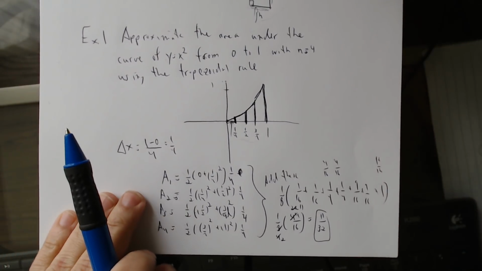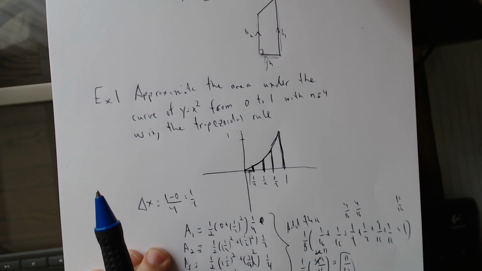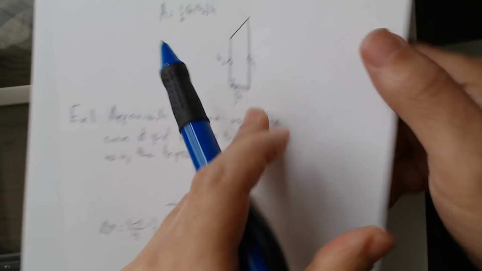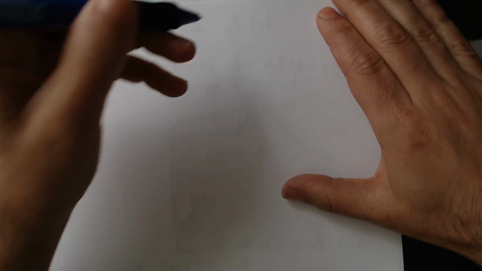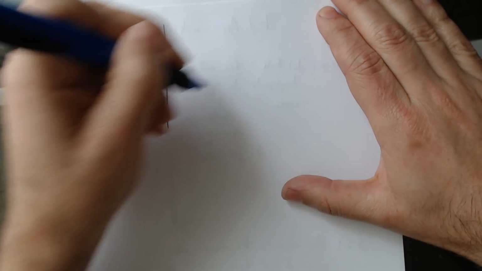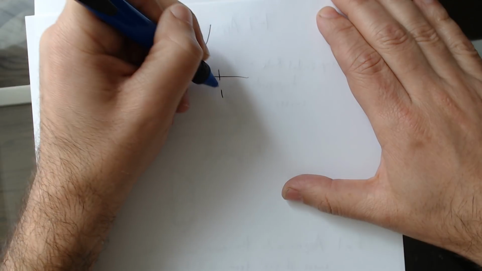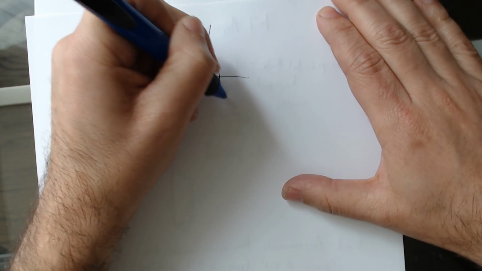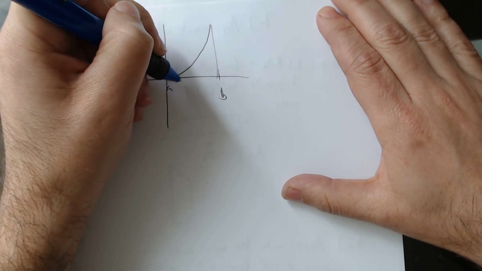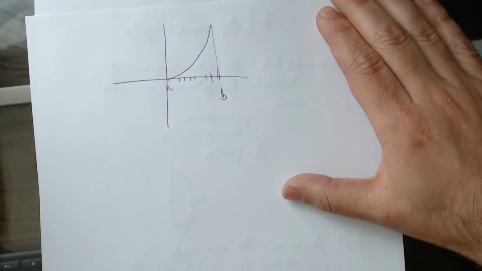If we were to summarize this, let's just generalize it and see what happens. Or it could be from A to B, it doesn't matter. So if we divide this up n times, what do you notice?